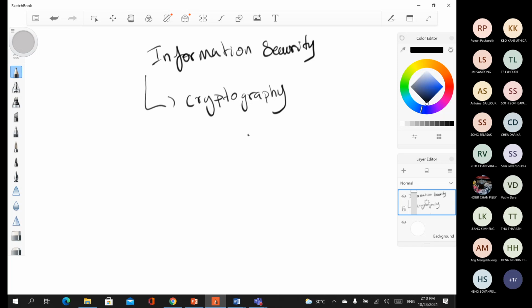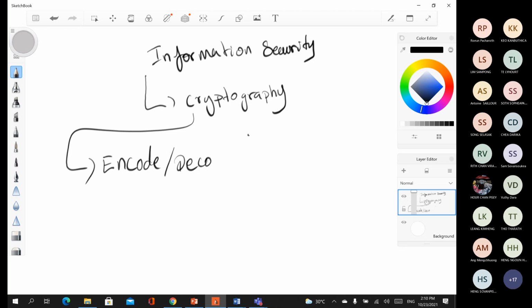Before you understand cryptography, you have to understand encode and decode, because in cryptography we have encrypt and decrypt. So before you understand cryptography, I ask you to understand encode and decode. Can anyone tell me what encode means?